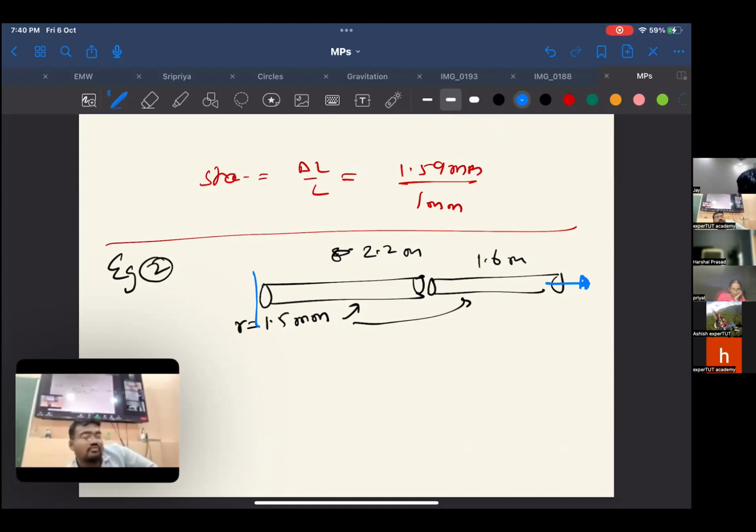The deformation force is same for both of them. So this one has delta L1, this one has delta L2, and it is given that the net elongation is 0.7 mm.